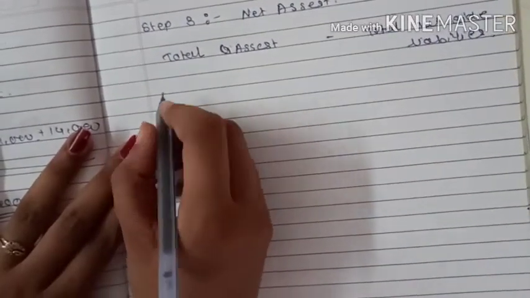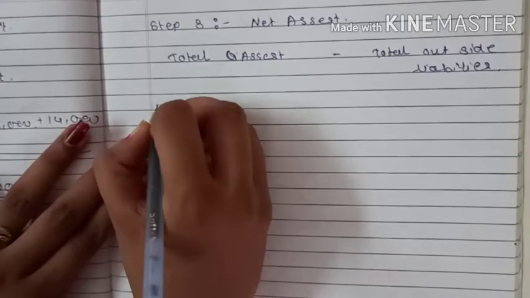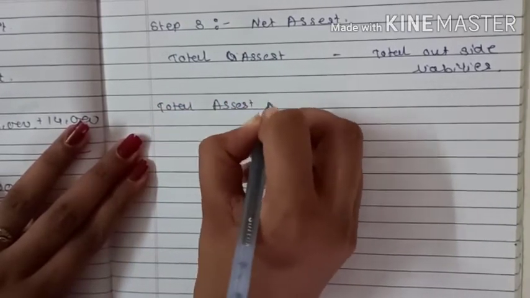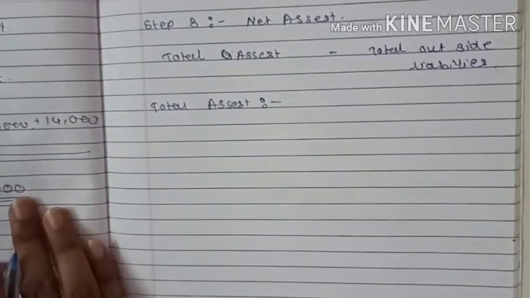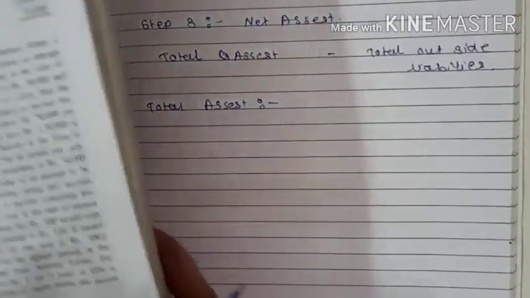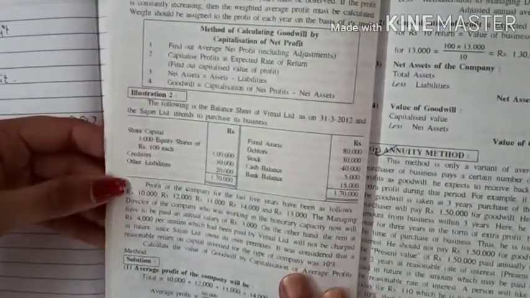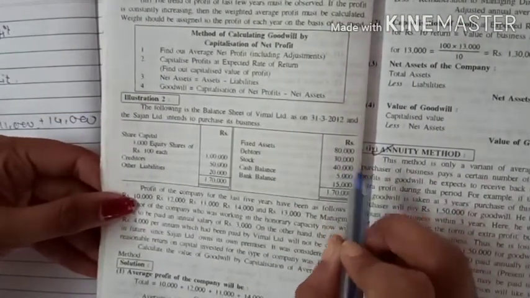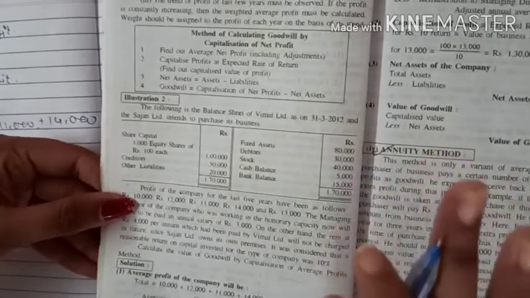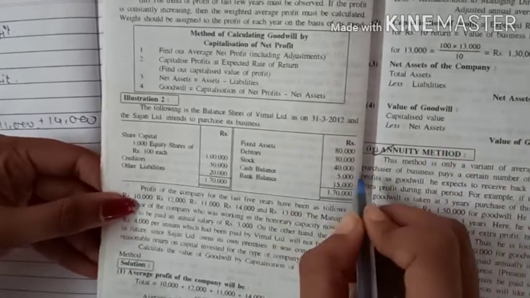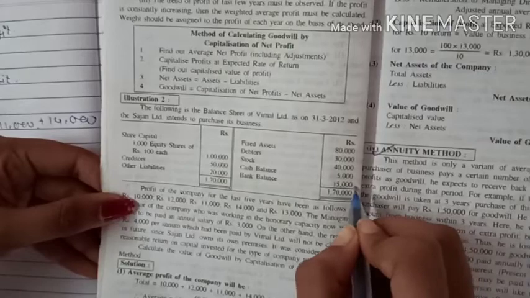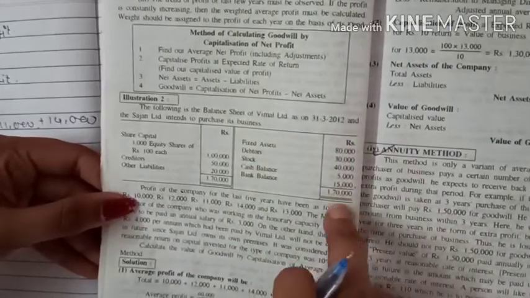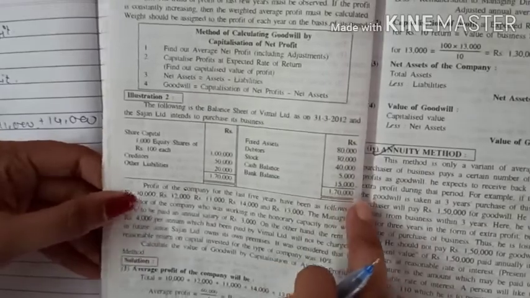So we are calculating total asset. Fixed asset 18,000, 30,000 debtors, 40,000 stock, cash balance 5,000 and 15,000. There is no intangible asset given, so we directly take the total asset as 1,70,000.